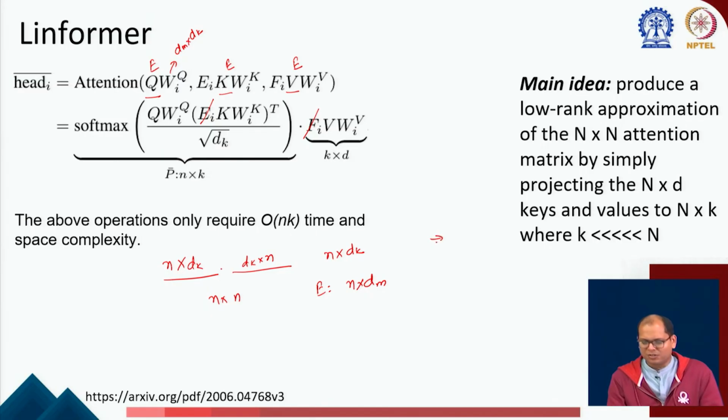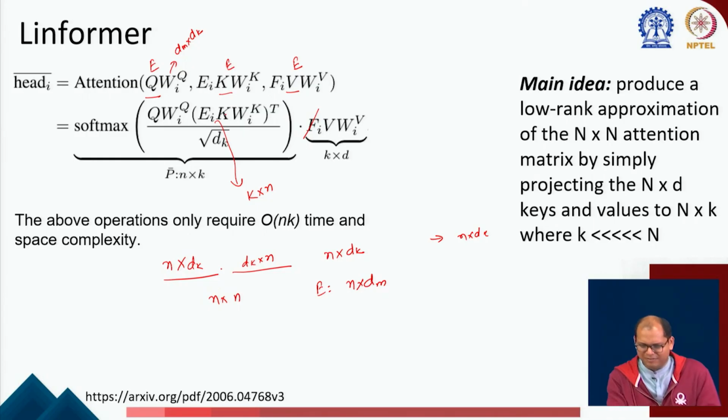So effectively you get n cross dk. But now what is it that they are doing? They are having this matrix Ei, and Ei is a k cross n matrix, right. So k is very, very small compared to n.